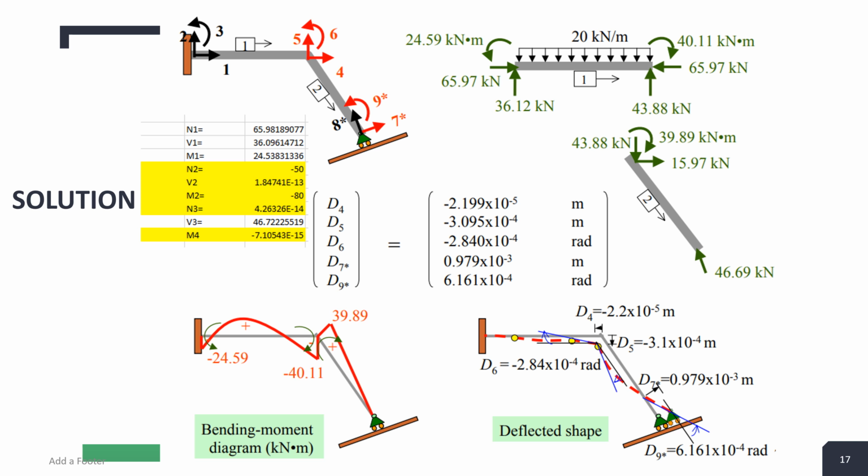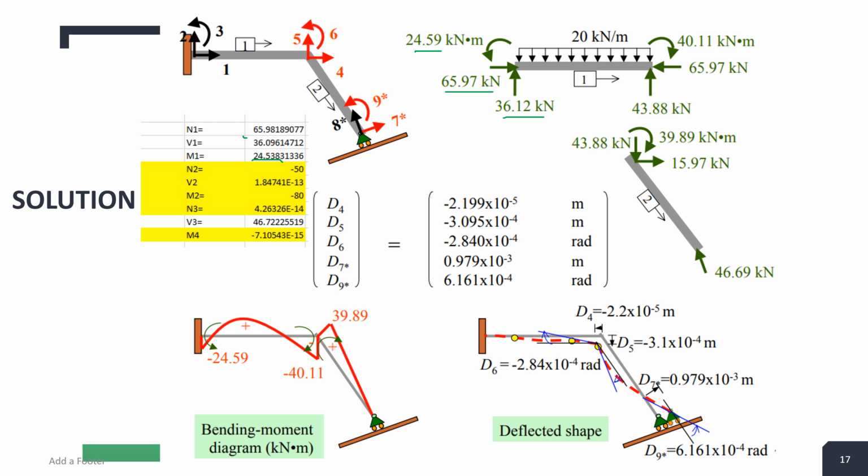But interestingly, you can see N1 is 65. This is from my solution. You can see 65 there. V1 is 36. You can see 36 there. There might be some small differences, I think, due to rounding off in forces. So M1 is 24, you can see there. N2 is negative 50.